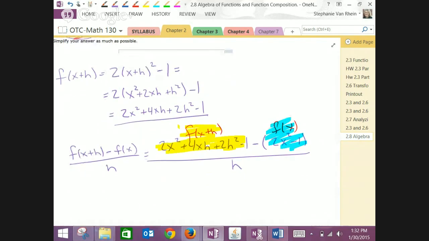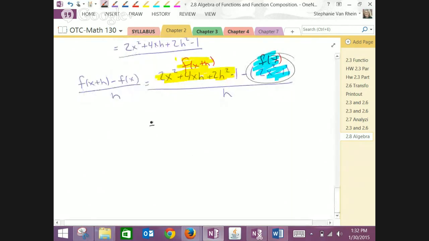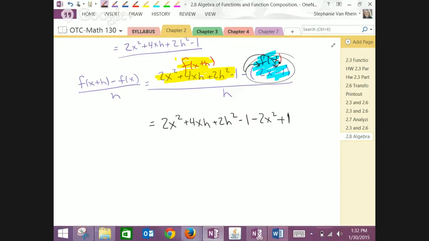So then you simplify it. At this point, I know both these terms have to cancel because they don't have an h in them. If I write one extra step out: 2x squared plus 4xh plus 2h squared minus 1 minus 2x squared plus 1. I need to make sure I distribute that. It's a common mistake when students don't distribute, and they end up with another term.